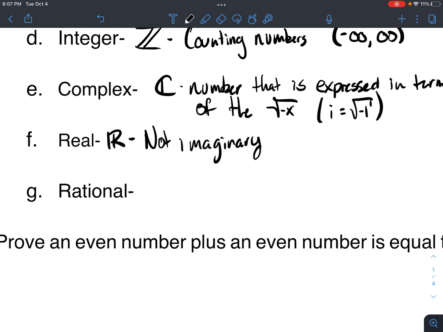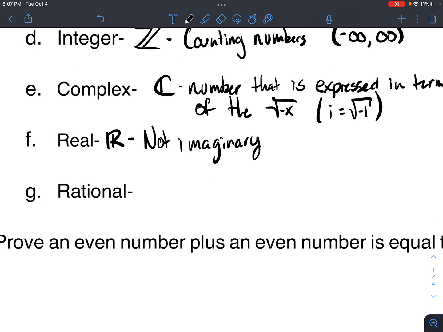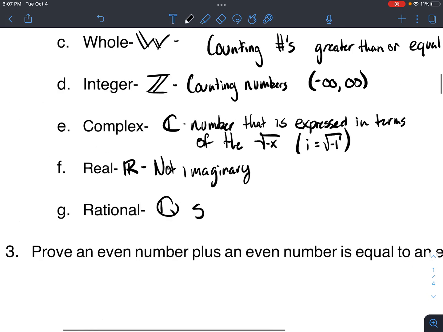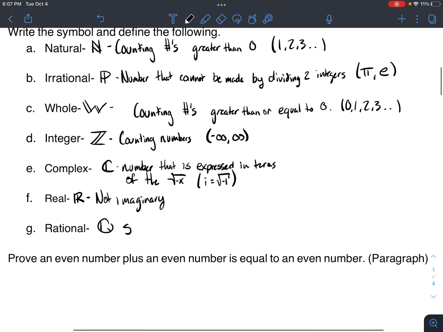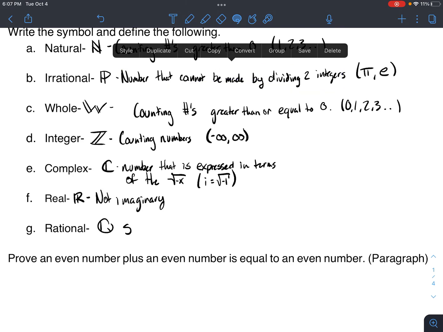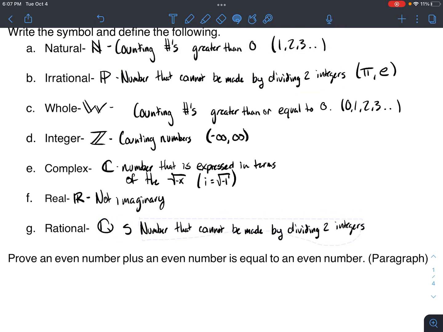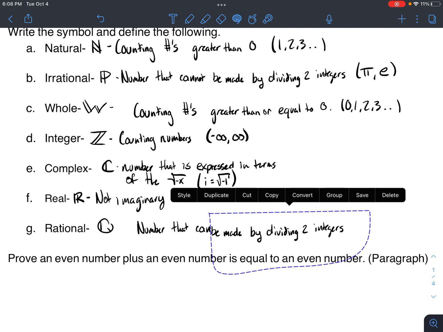Whatever. A rational number is a Q, and it has that line. So it's something that can be made by dividing two integers.